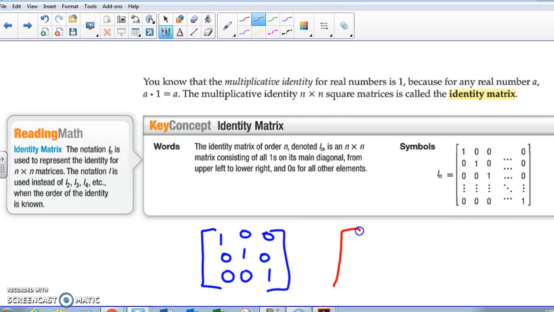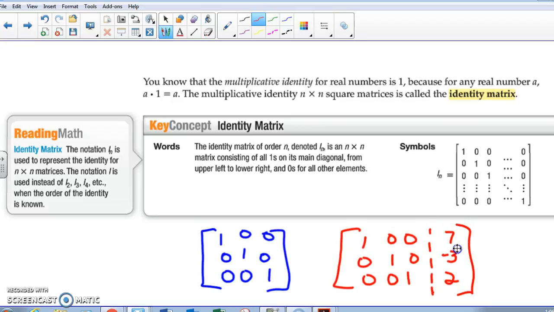Just to review, we used this concept in an extended matrix when we used RREF. If this had been an XYZ set of equations, this would have meant x equals 7, y equals -3, and z equals 2. Remember that? Okay. This part was an identity matrix.